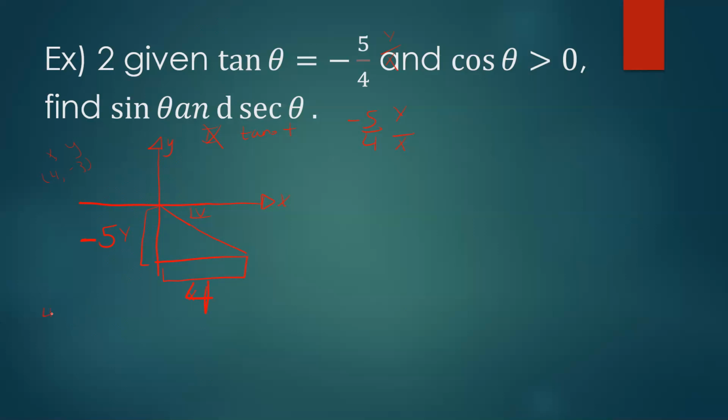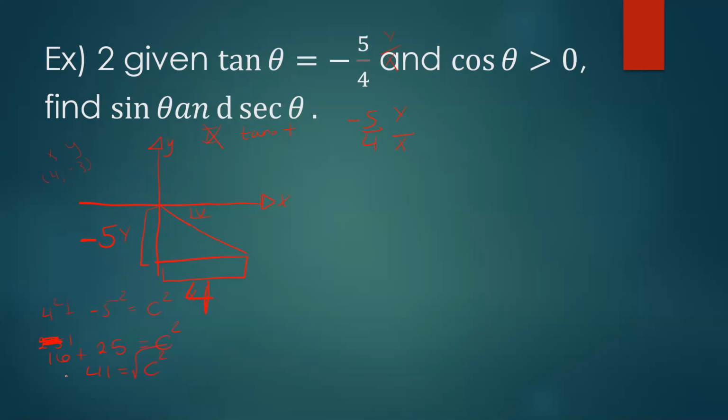So it's going to be 4 squared plus negative 5 squared equals c squared, or the radius. 4 squared is 16, and negative 5 squared is positive 25, equals c squared. 16 plus 25 is 41, equals c squared.